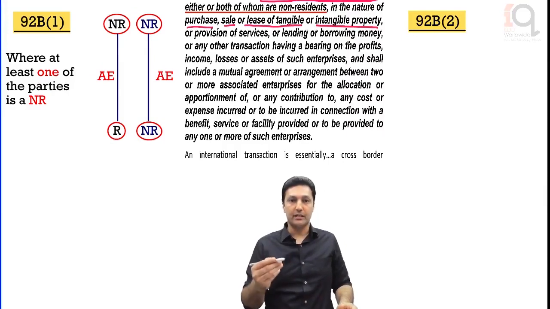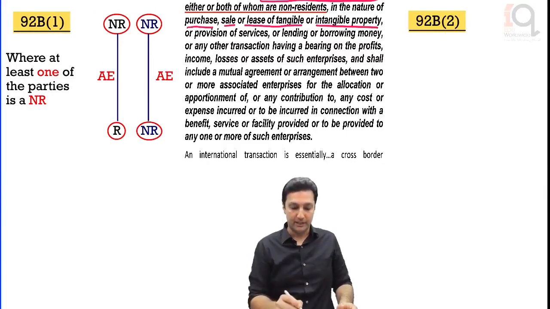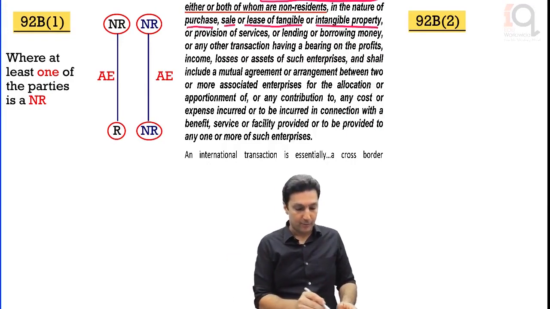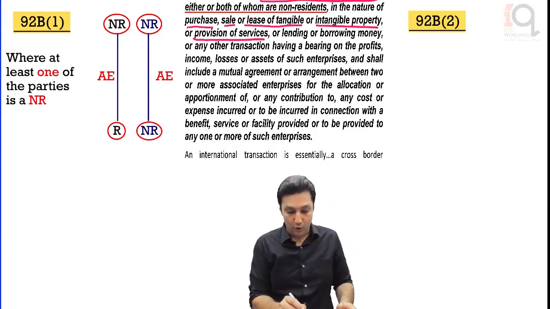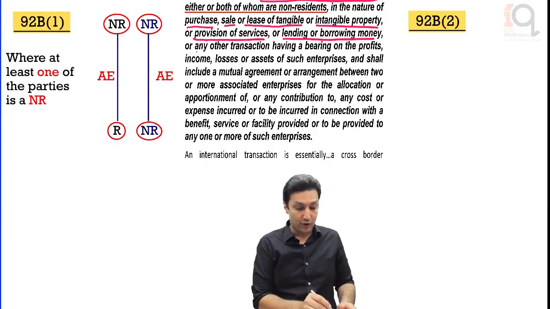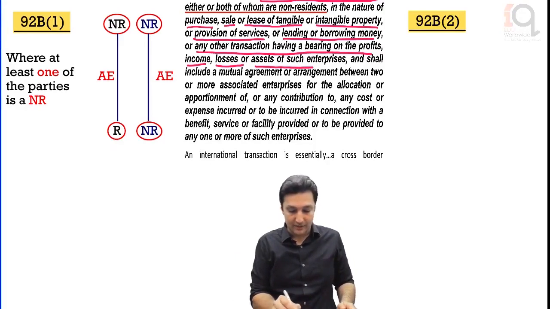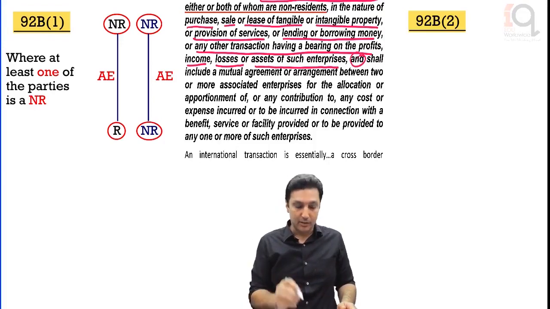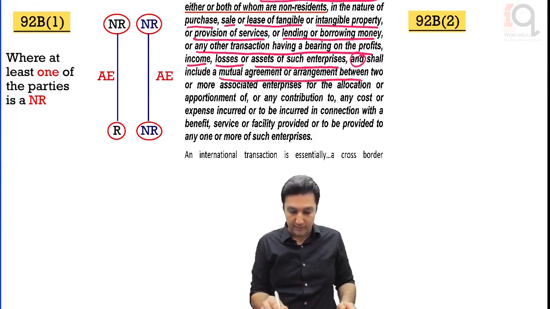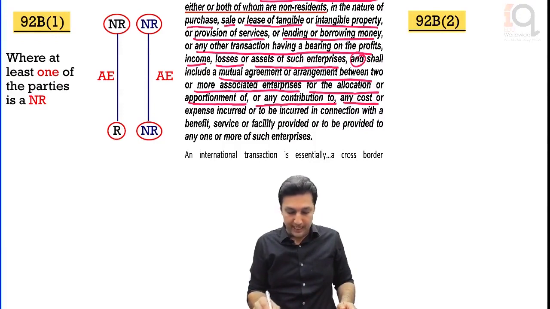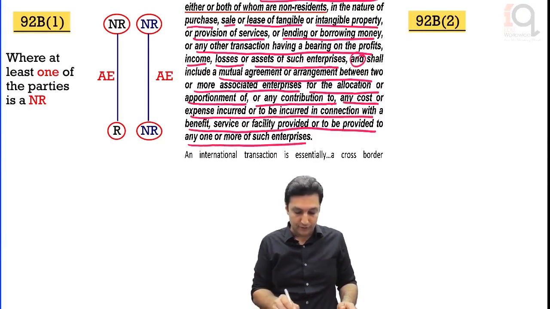Purchase of property, lease of property, sale of property, tangible property or intangible property, or the provision of service, or lending or borrowing money, or any other transaction having a bearing on the profits, income, losses or assets of such enterprise, and shall include a mutual agreement or arrangement between the two or more associated enterprises for allocation or apportionment of, or any contribution to, any cost or expense incurred or to be incurred in connection with a benefit, service or facility provided or to be provided to any one or more of such enterprises.